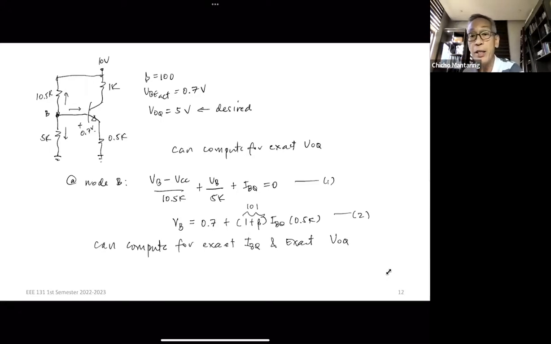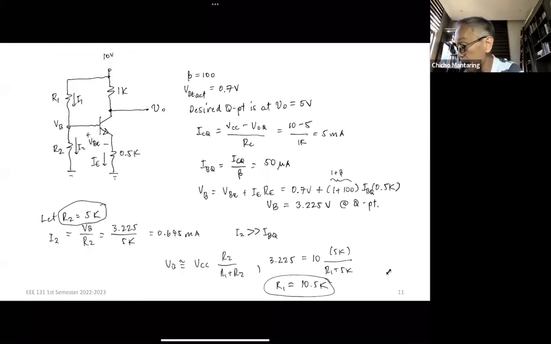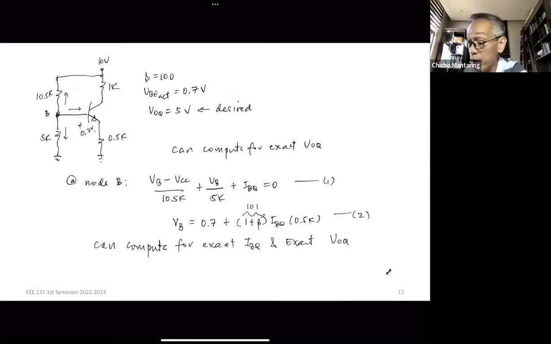So this is now checking how close we are to the exact values. Now not simplifying the solution, no? Because we simplify the solution by just saying VB is approximately equal to the voltage divider equation. But here we did not use the voltage divider equation. We used actual nodal analysis at B, no? Taking into consideration the value of IBQ.